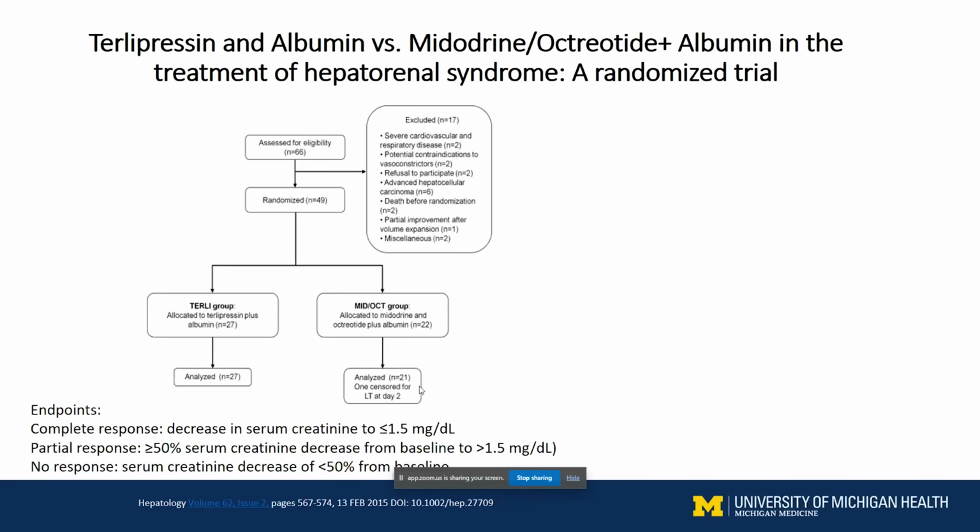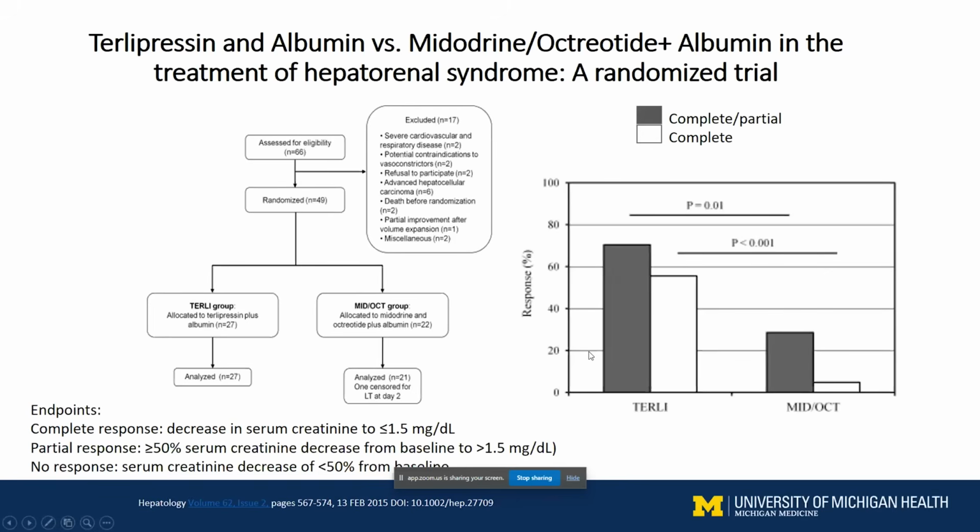The endpoint for this study was complete response, which was a decrease in serum creatinine to less than 1.5 milligrams per dL. Partial response was a greater than 50% serum creatinine decrease from baseline to greater than 1.5 milligrams per dL, and no response was a serum creatinine decrease of less than 50% from baseline. What they found was that the terlipressin arm is more efficacious compared to the midodrine and octreotide arm, whether for complete or partial response.